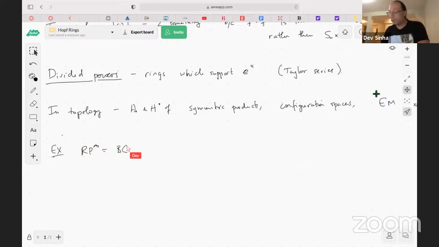So that's just the classifying space for the group with one non-trivial element. And here is how I like to think about RP infinity sometimes. This is the simplicial bar construction. This is discussed, for example, in the first YouTube series I did.